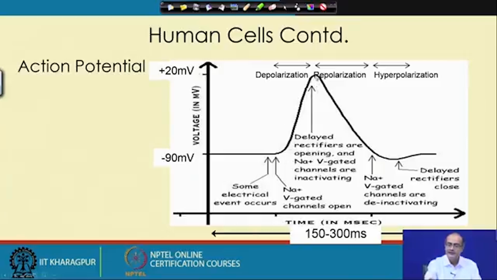It reaches a level of about plus 20 millivolt inside, and then an equilibrium is reached. After that it does not stay there for much time; the reverse journey starts, and it goes through repolarization, coming near the resting potential again. In fact, there is an overshoot called hyperpolarization, and it slowly goes back to the resting potential.